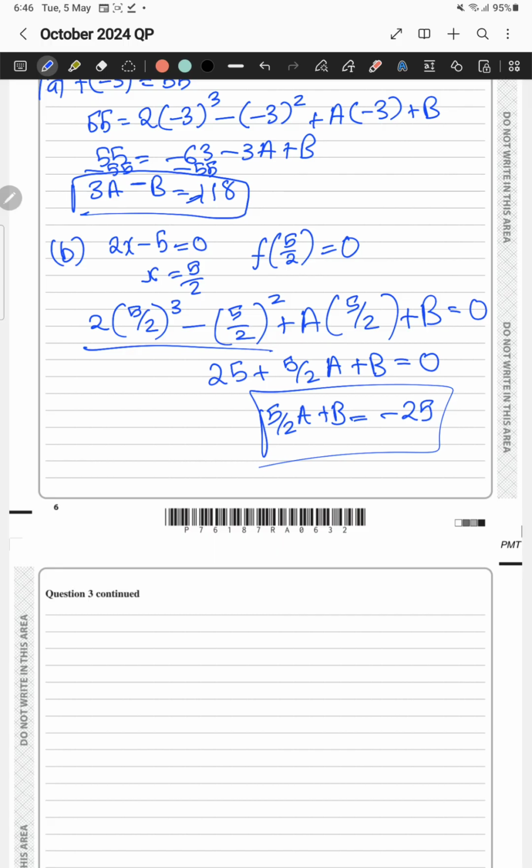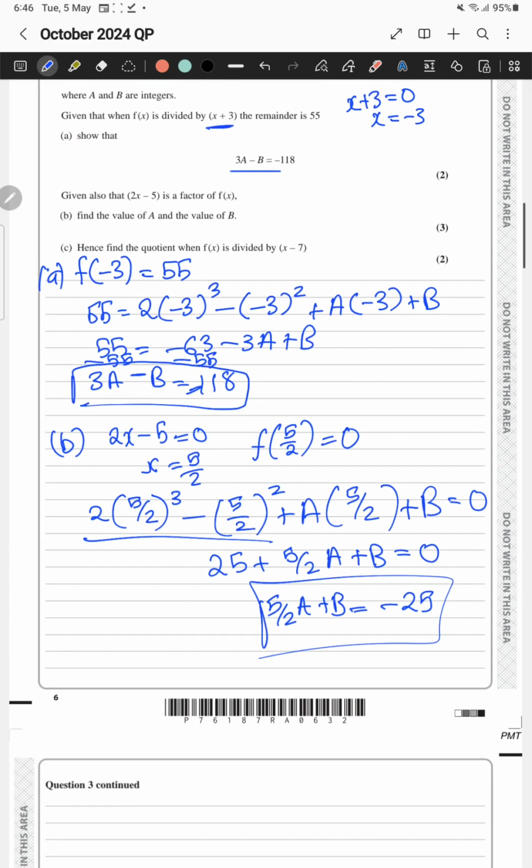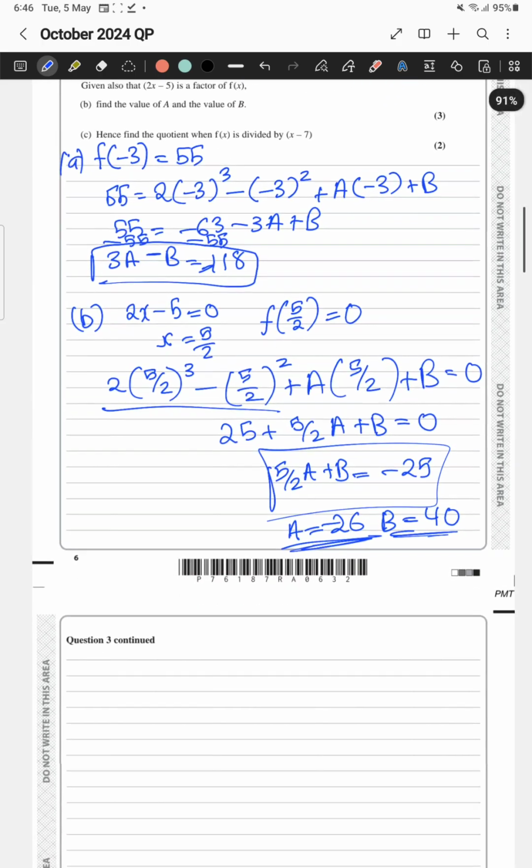So now a is going to be 20 minus 26 and b is going to be 40. That's the value of a and b. Hence find the value of quotient when the f of x is divided by x minus 7.